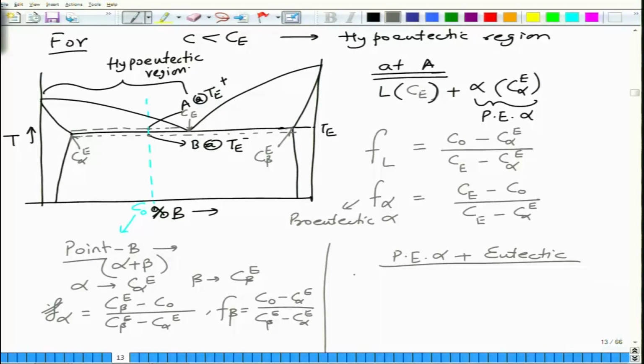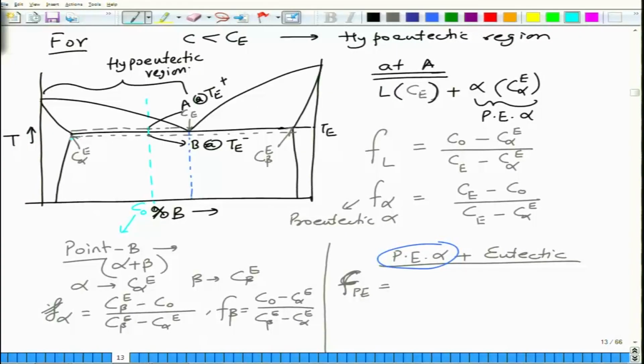However, if you want to represent the microstructure in terms of pro-eutectic alpha and the eutectic phase, you need to consider the eutectic as a boundary of the tie line. So the tie line is now not from alpha to beta, it is from alpha to eutectic.